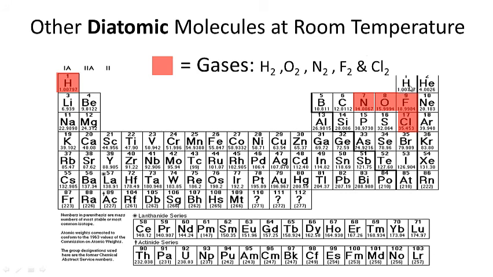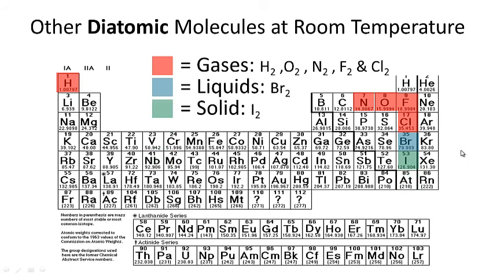Br2 is a liquid at room temperature, but it's still diatomic. And then we have a solid, I2, at room temperature. Notice it's still diatomic. All of these elements like to form diatomic molecules, two atoms bonded together.